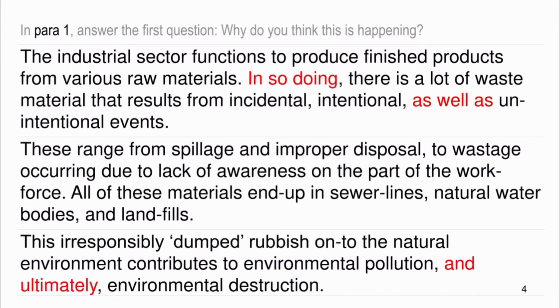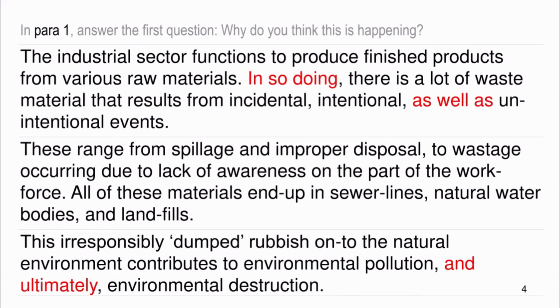In para 1, answer the first question. Why do you think that this is happening? The industrial sector functions to produce finished products from various raw materials. In so doing, there is a lot of waste materials that results from incidental, intentional, as well as unintentional events.